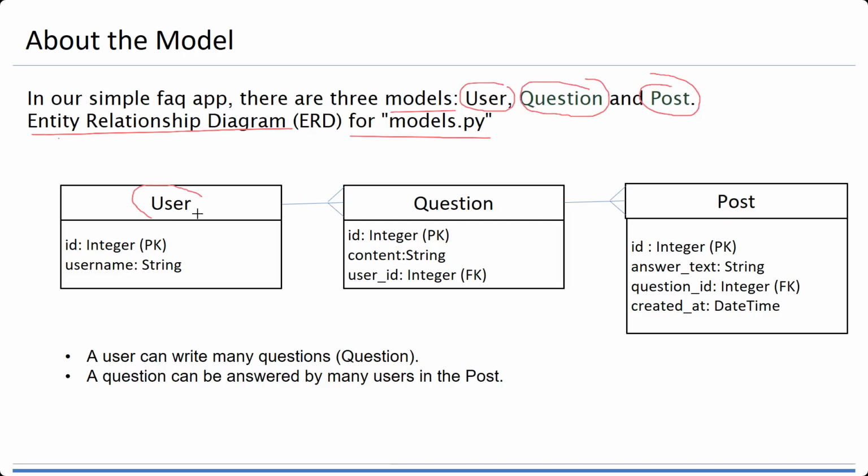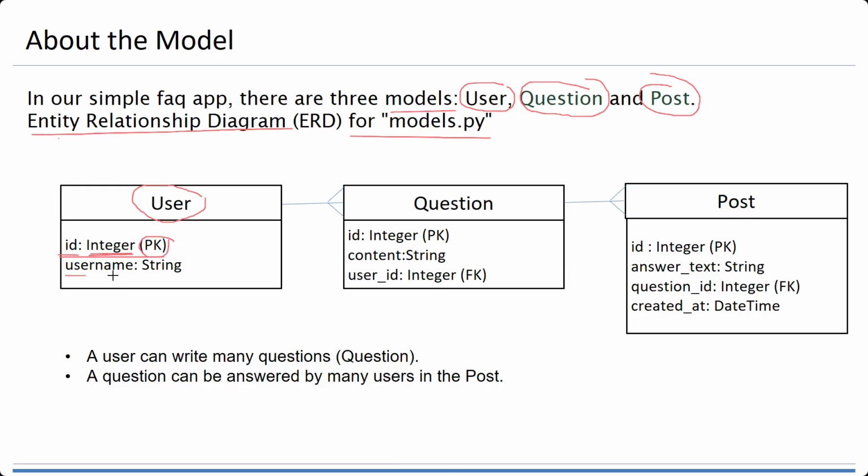For the user, you can see I tried to simplify, so you don't need to include all that information. For example, I have the ID, and let the ID be an integer. I assume that you already know integer and string. Integer is just a number, and this is PK, which means primary key.